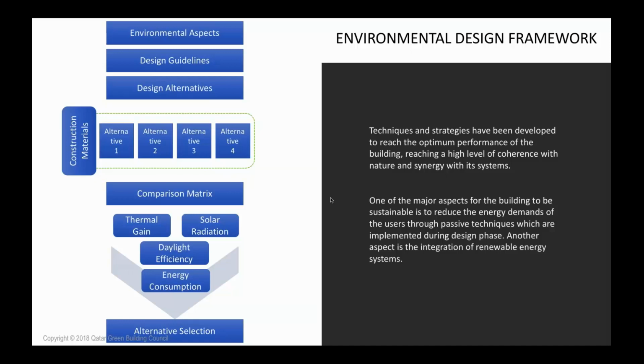And then when you are evaluating your design alternatives, either it's a construction material or HVAC equipment or whatever, you need within your comparison matrix to consider a couple of things that are relevant to energy, like thermal gain, solar radiation, daylight efficiency, energy consumption, and so on. Of course, the matrix indicators can be bigger or smaller, depends on your project, but overall, keep the environmental aspects and indicators as part of your evaluation criteria.